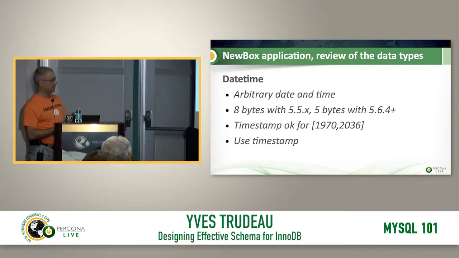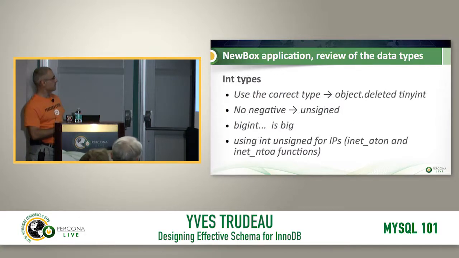If you're only interested in things like created at, updated at, which is obviously close to now, and you don't mind not having microsecond, you can use timestamp. Timestamp is 4 bytes. So it's smaller, especially with 5.5. So there's a saving there. It's a small type, easy to compare. It's very good.